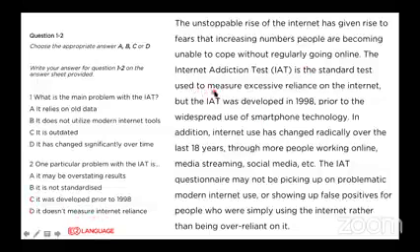Here it says it's used to measure excessive reliance on the internet. So the answer for 2 is not D.